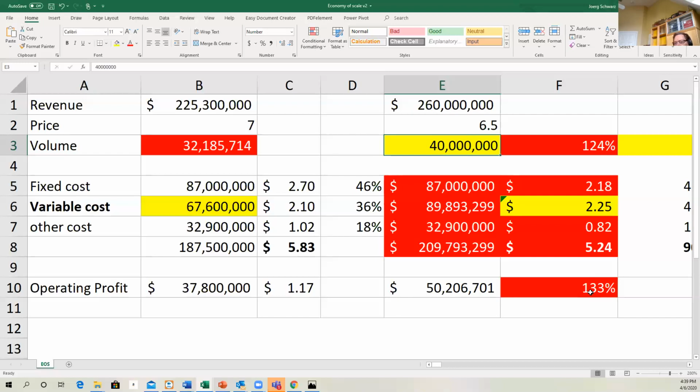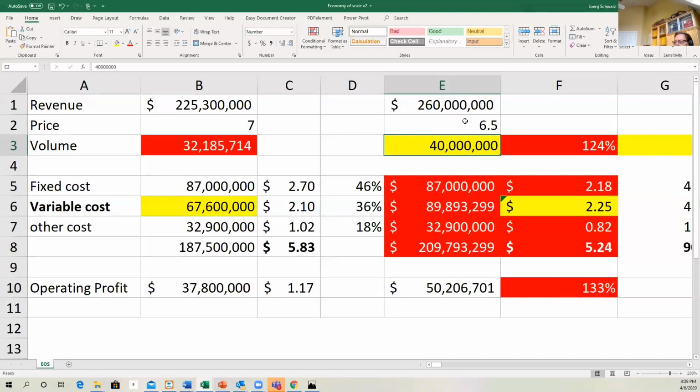So this is how you can play with these numbers, and you can go back to the forecast demand tool to plug in the price and work with the forecast demand tool to see how much the tool forecasts in your demand, and you will see if you get to the 40 million or if you get even to a higher number.